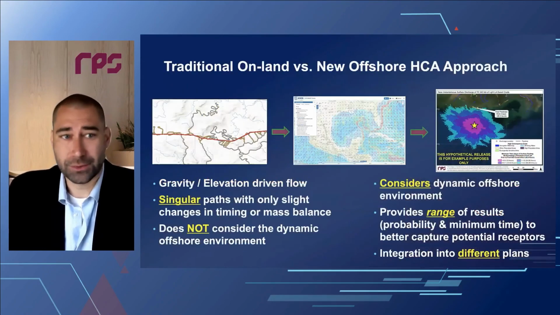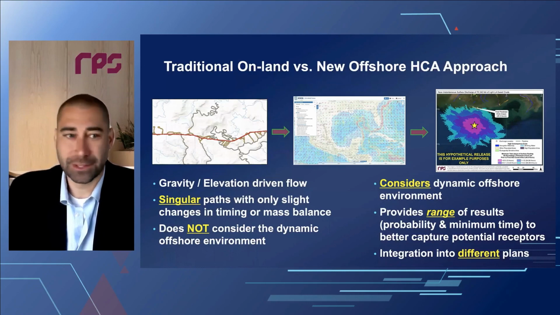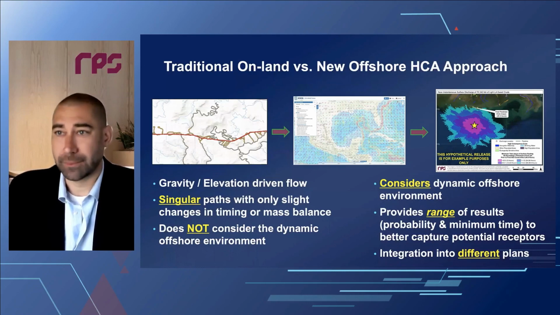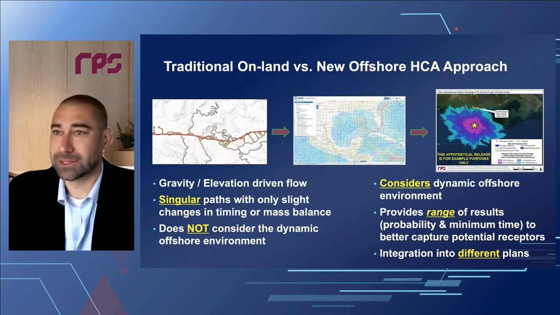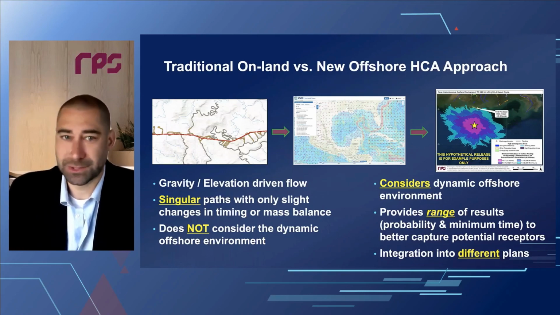So what I've done is I've walked you through a little bit of that traditional on-land versus our new offshore HCA approach, mainly because of the changing winds and currents and tides in the offshore environment. The approach still holds in the traditional on-land assessment for those on-land facilities. It's got singular paths. It mainly applies because the land surface elevation isn't changing very much throughout the year.